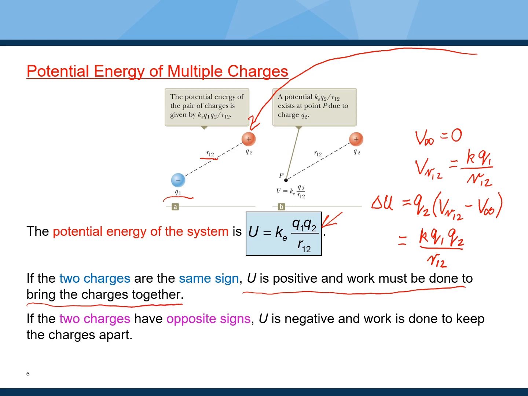This is only natural because the two charges have a repulsive force between them, and so if you want to bring them together, you have to do work to squeeze them so that they come together.